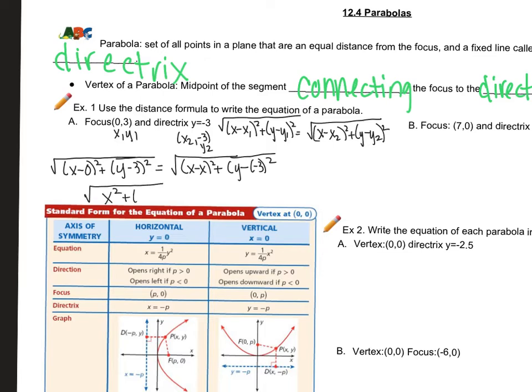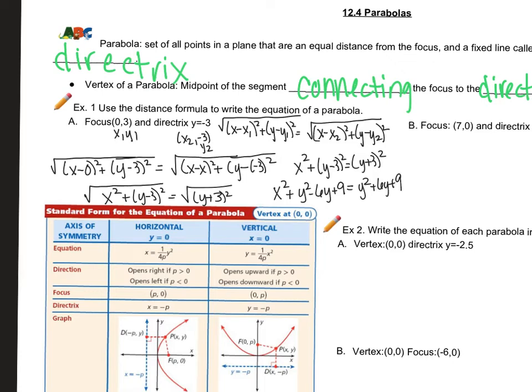So x squared plus (y minus 3) squared equals, x minus x is just 0, (y plus 3) squared. When I FOIL that out, I get x squared plus y squared minus 6y plus 9 equals y squared plus 6y plus 9.